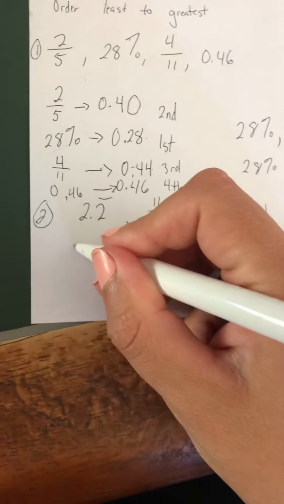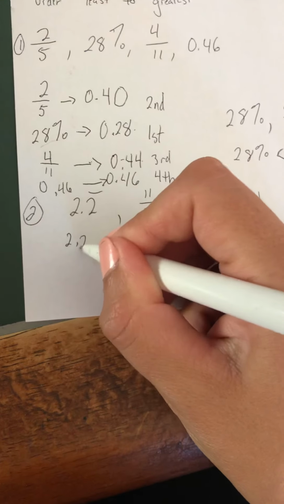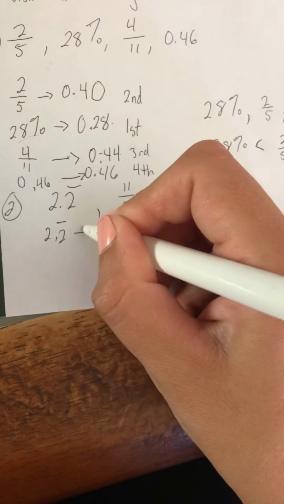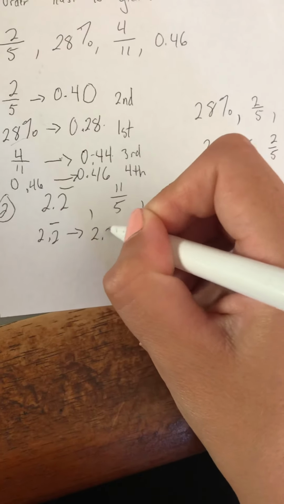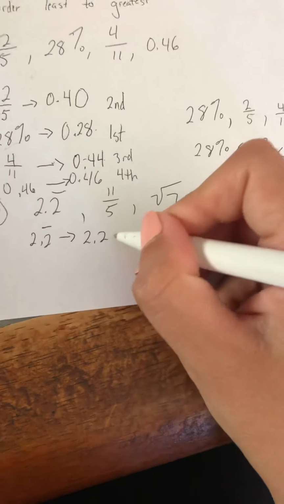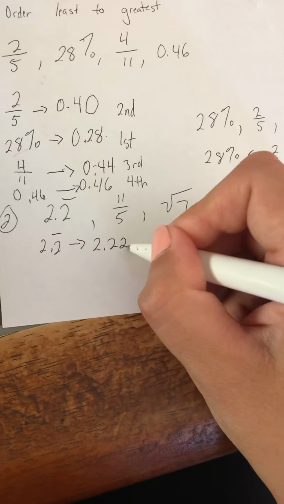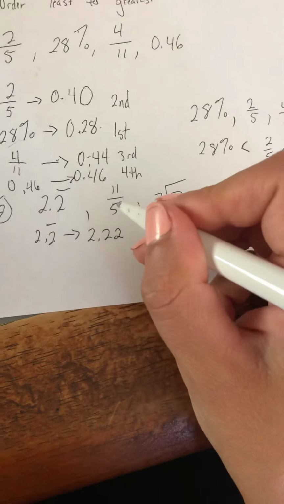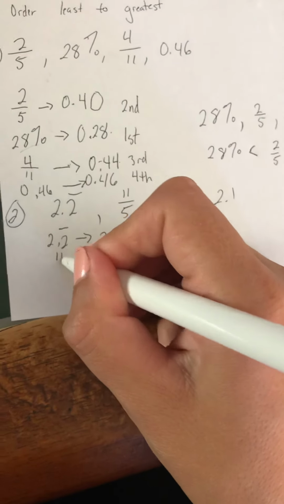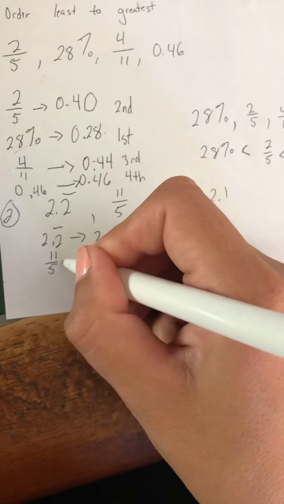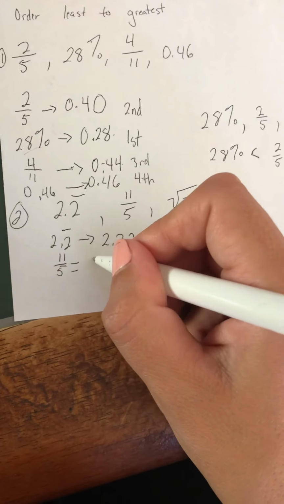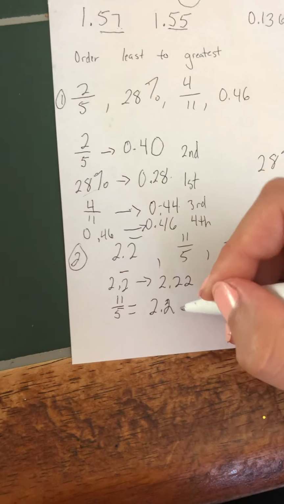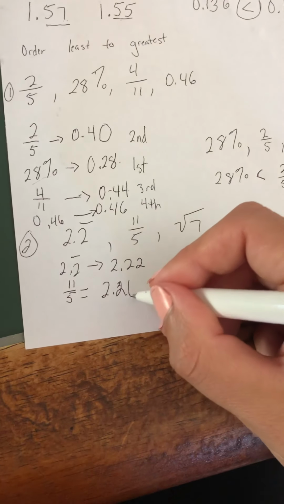If we're doing least to greatest, we have 2.2 repeating, which is 2.2222222. So I'll just put 2 2s just to be safe. 11/5, if you put that in your calculator, is just 2.2. Oops, sorry. I'm going to put a 0 at the end here.